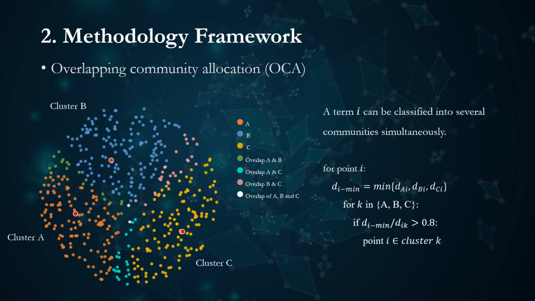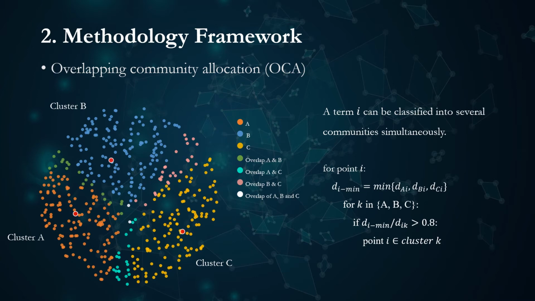The other algorithm we developed is called overlapping community allocation. When the cluster centers are identified, how can we assign the terms appropriately? Intuitively, we will assign them to the closest centers, but in our design, we plan to discover those topic overlaps.